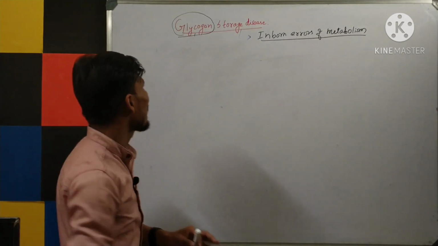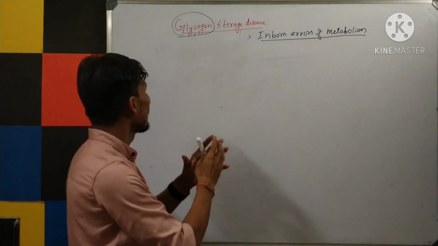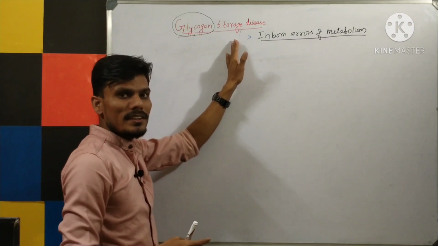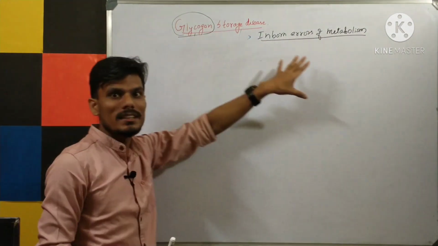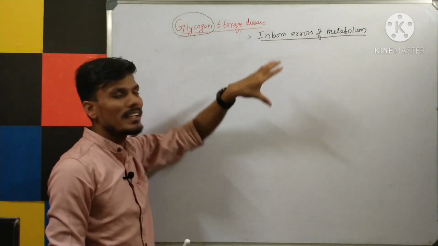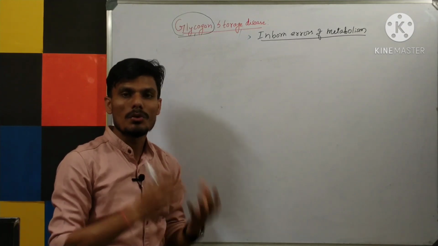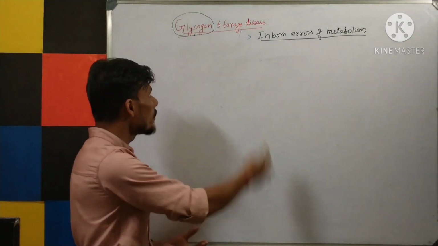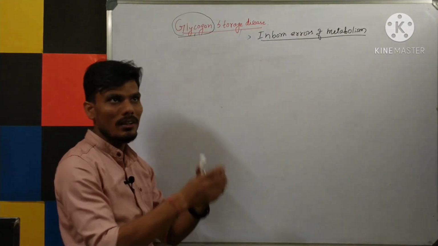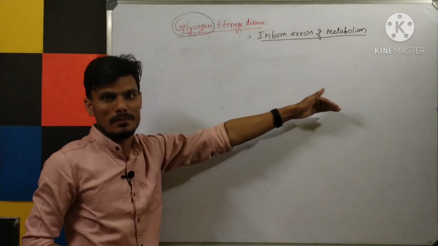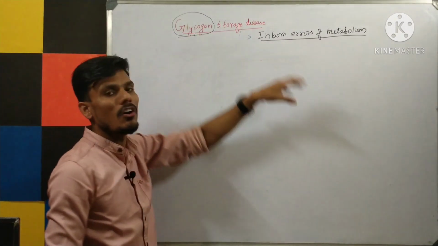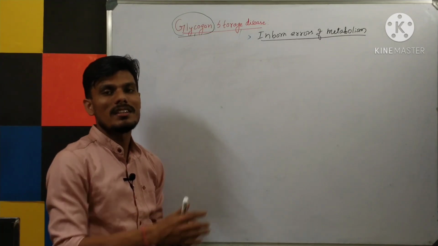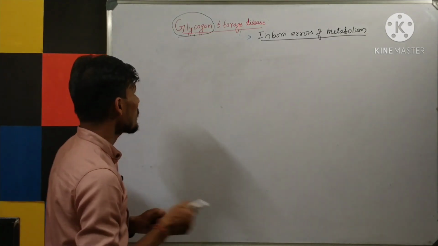So how can we define glycogen storage disease? You can say that it is a metabolic disorder in which there is a defect in the metabolism of glucose, due to which there will be accumulation or deposition of glycogen in the various cells and tissues.